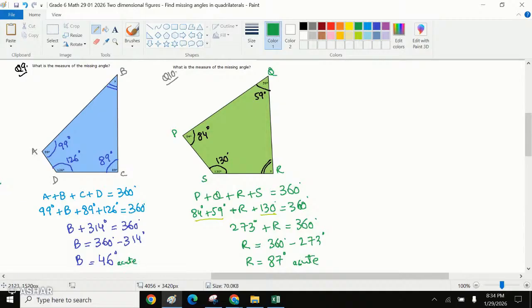Obtuse is between 90 and 180, whereas acute is between 0 and 90, right? Thank you. That is 87. It's okay. It's 87, okay?